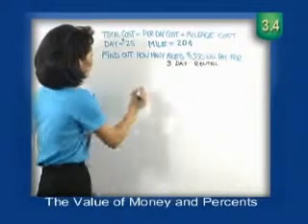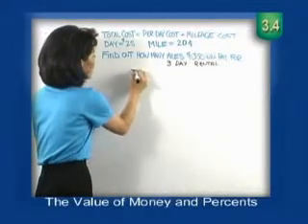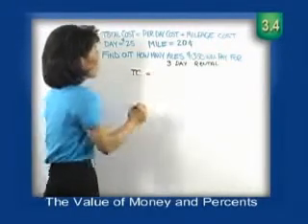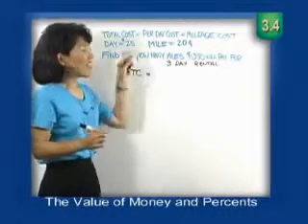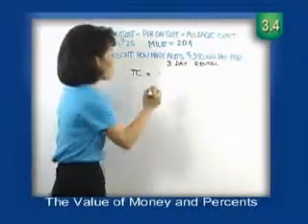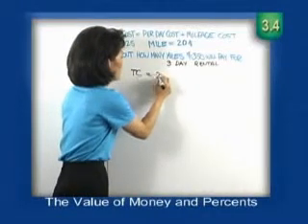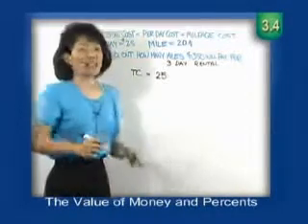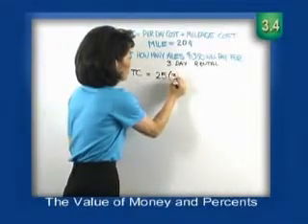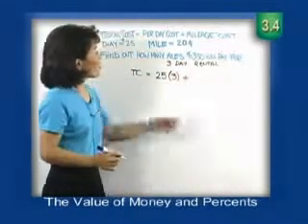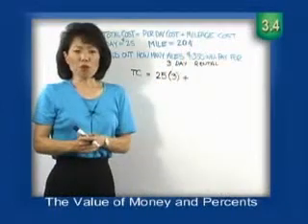We know our total cost, we'll represent that by TC. His total cost is equal to his per day cost, which in this case is $25 per day, times the number of days, which he knows is 3 days, plus the mileage cost. Well, let's think.